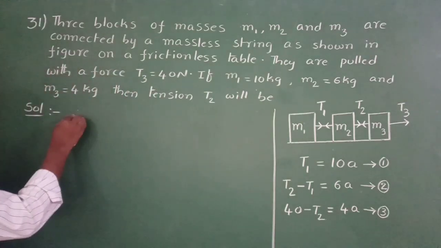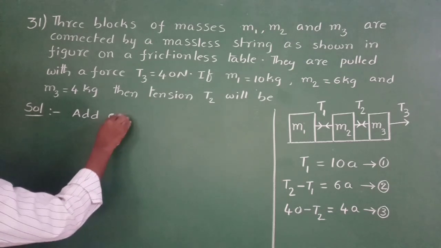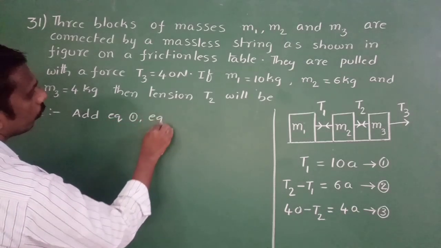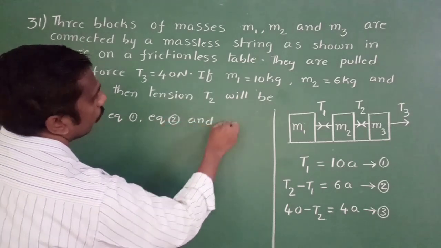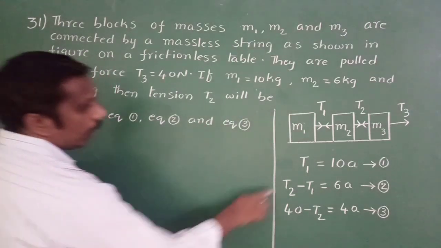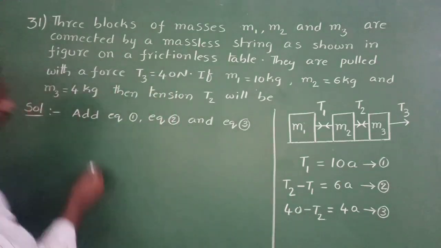Now add the three equations. Add equation 1, equation 2 and equation 3. Here plus T1 minus T1 get cancelled, plus T2 minus T2 get cancelled.